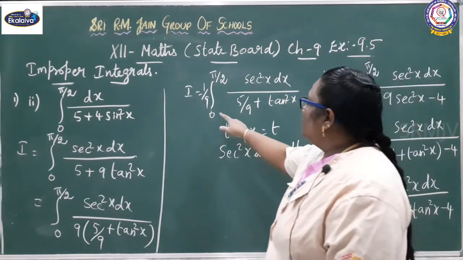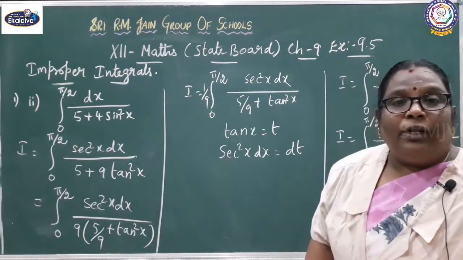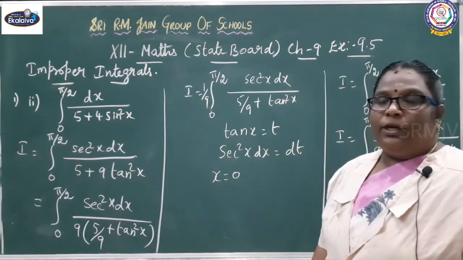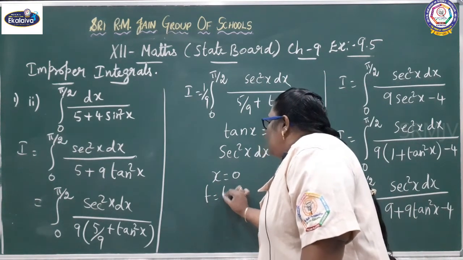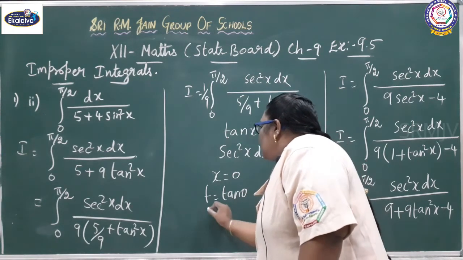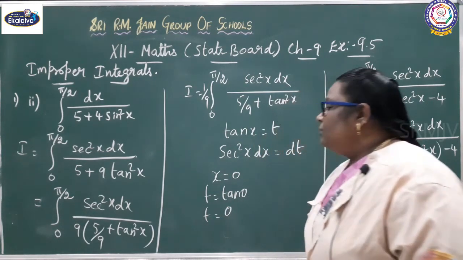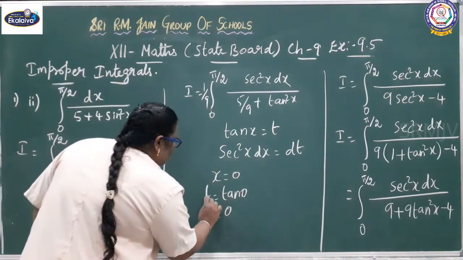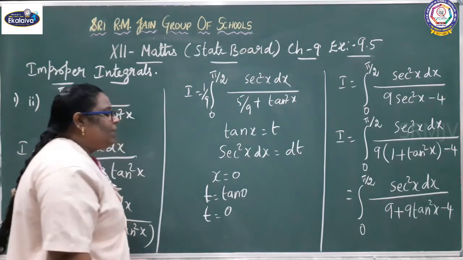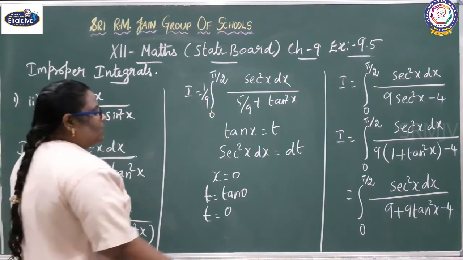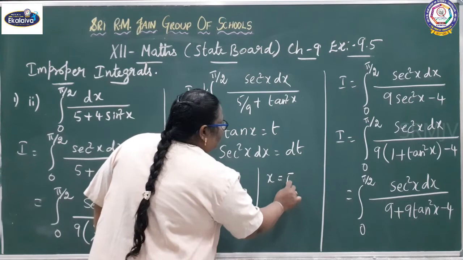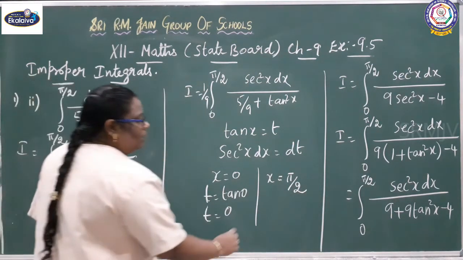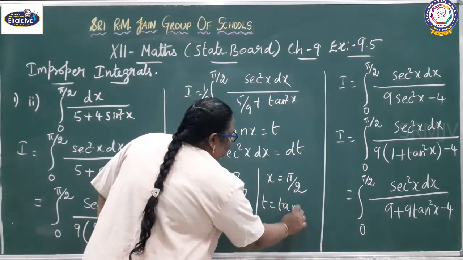The same way, this is the limit for x; you have to find out the limit for t. X equal to 0, t equal to tan 0, t equal to 0. The same way, x equal to pi by 2, t equal to tan pi by 2.